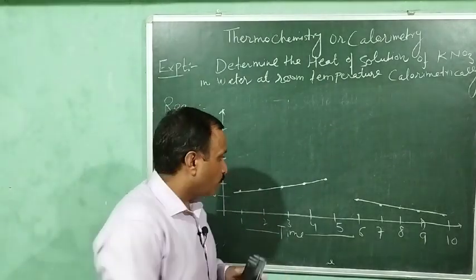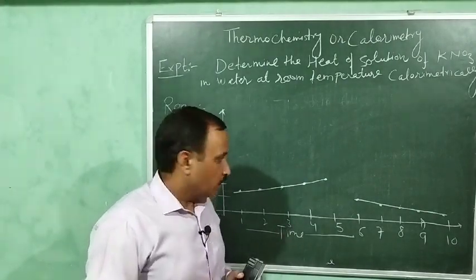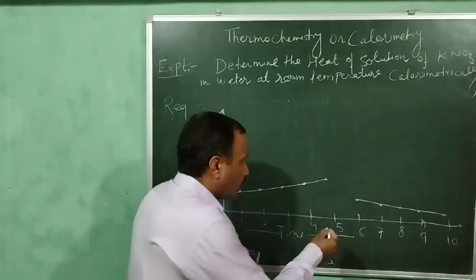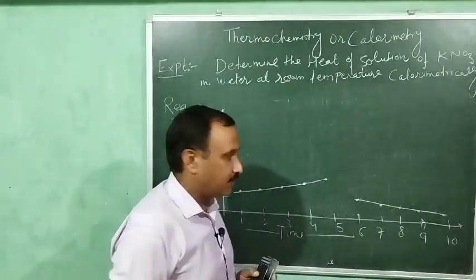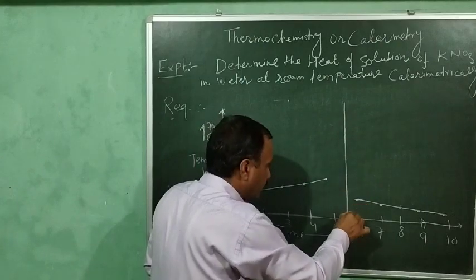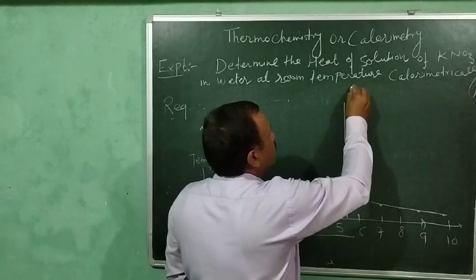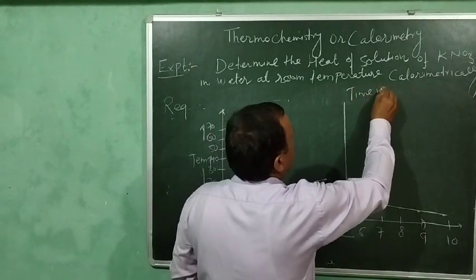Okay, so the 5 minute and the 30 second will be the time of dissolution. So I will draw a vertical line at 5 minutes and 30 seconds. तो इस पॉइंट पे फिर मैं, ठीक है, एक वर्टिकल लाइन ड्रॉ करूंगा जिसको हम बोलेंगे टाइम ऑफ मिक्सिंग.